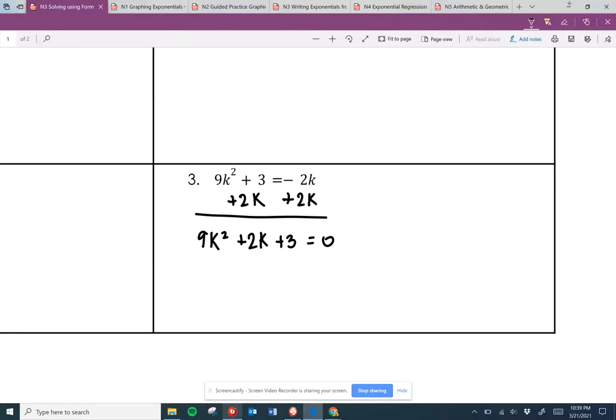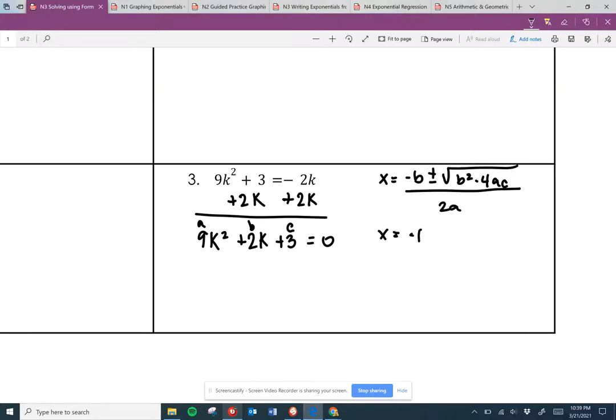That's important because this is going to be your A, your B, and your C. Even though it doesn't change the actual answer if you put it at the back, it's going to mess up your A, B, and C. So our formula is x equals -b plus or minus the square root of b squared minus 4ac, all divided by 2a.